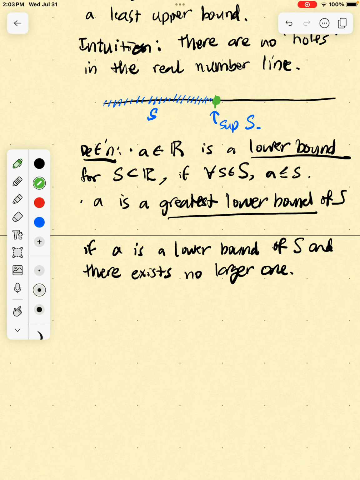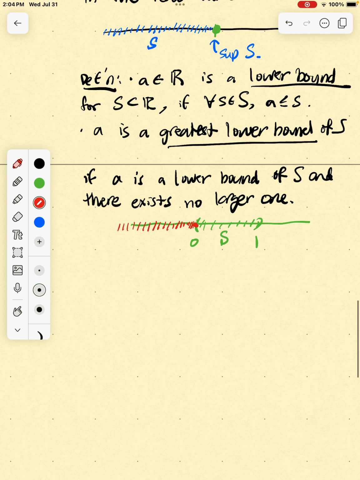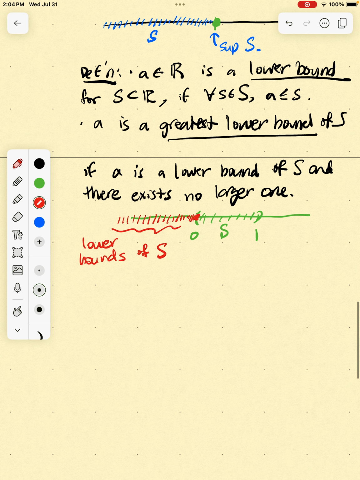So it's pretty much the same as before. So let's say this is your set S. Then all the numbers here are lower bounds. Right? These are all lower bounds, including 0. And the greatest lower bound would be 0.